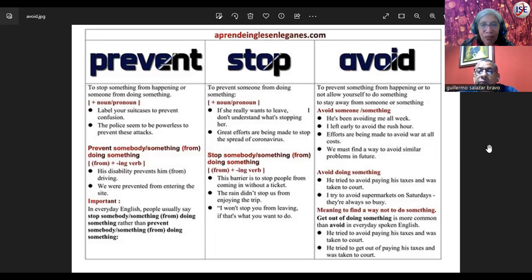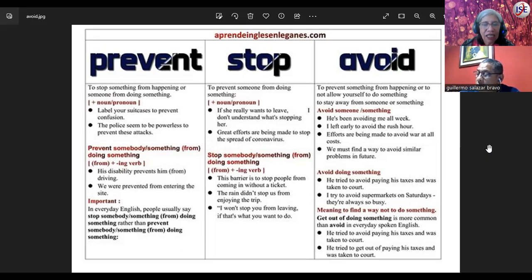So prevent and avoid are very, very similar, but not necessarily synonyms. For example, label your suitcase to prevent confusion. The police seem to be powerless to prevent these attacks. So we can say in Spanish that prevent is evitar anticipadamente.